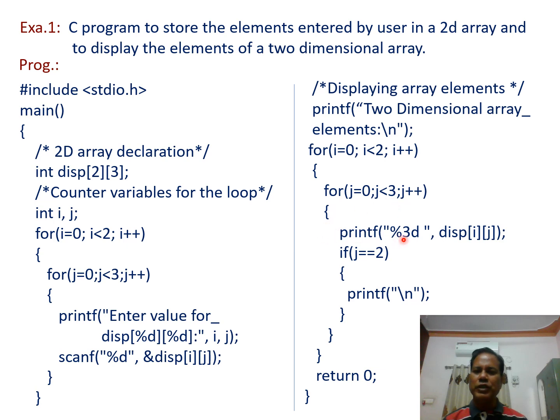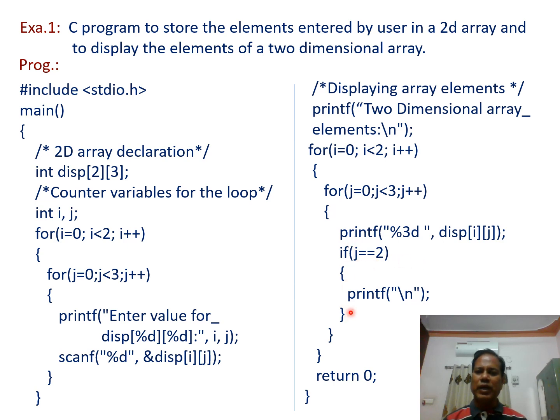Then using the printf statement, we print the third value of the two-dimensional array in the first row. After that, if j equal to 2, with the double equal sign, this condition is true.